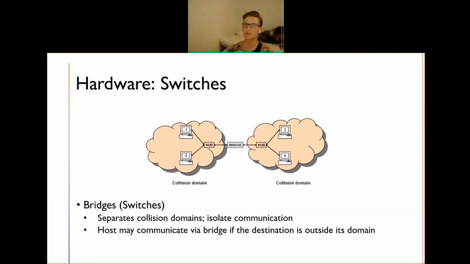I am unsure if the bridge or the switch queues up packets. I'm fairly certain the bridge queues up packets, so that whether that hub is a token ring hub or an Ethernet hub that will do the collision detection, we'll be able to send out those frames.